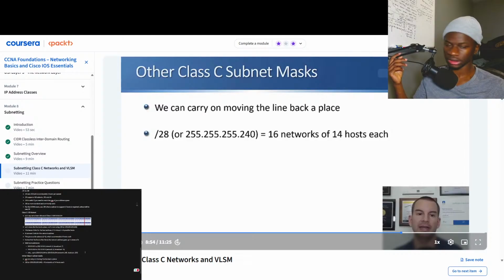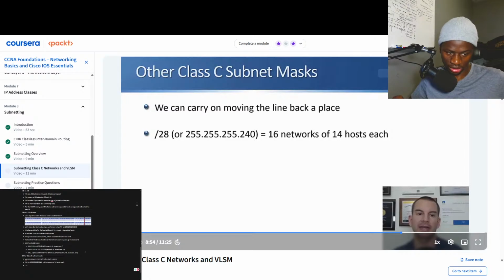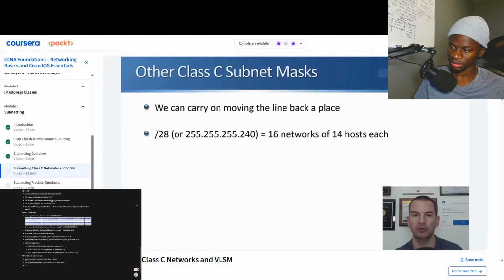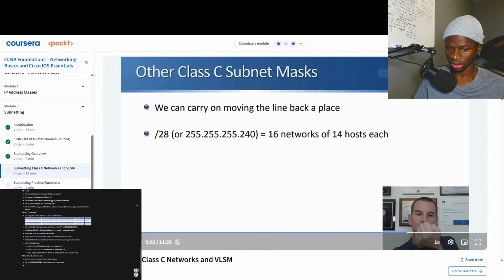Sixteen networks, two for the broadcast and network, and then 14 for the hosts. In Class C, again, the default is a /24. If we're using a /28, we've borrowed 4 bits.